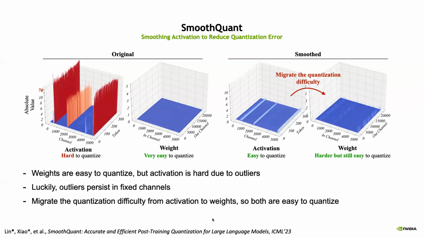I will not touch upon all the math, but the high-level intuition, the main idea, is we want to directly scale down the activation a little bit and just throw the associated rescaling factor into the corresponding weights. Previously, activation was hard to quantize and weight was very easy to quantize. Now it shifts into a new paradigm by just rescaling them. Activation is now easy. Weight is harder, but still easy, because anyway, we want their final product, right?